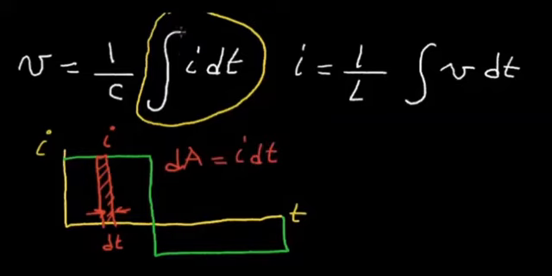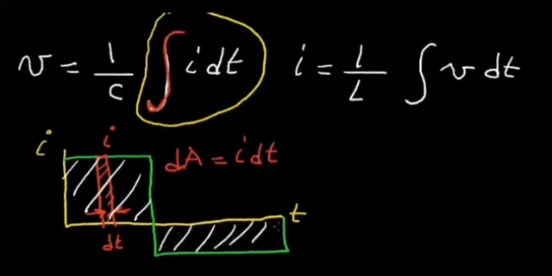Now this symbol here, which is sort of like an S that's been stretched in the vertical direction, means summation. It means that we're going to sum all these little slices over a certain period of time. That's all that means. So if I look at this area on the left side, and there's an area on the bottom, if I compare this area to the area below the curve over here, I see roughly they're about equal.